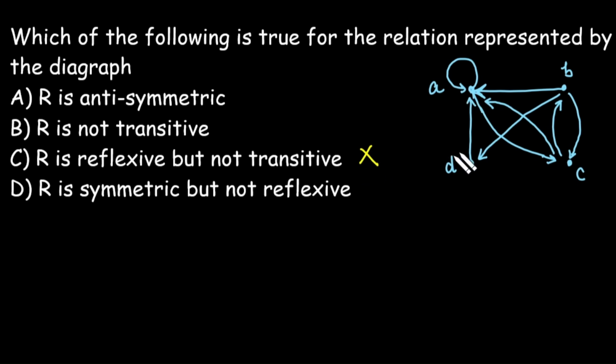Now, symmetric means exactly two edges in opposite directions. Here we have two edges in some places, but from B to D we have an edge, but there is no edge from D to B. So clearly this is not a symmetric relation. Now, what about antisymmetric? Antisymmetric means exactly one edge between a distinct pair of vertices. Here we have two edges, so clearly option A is incorrect. So only one option is left, that is B, hence B is correct.